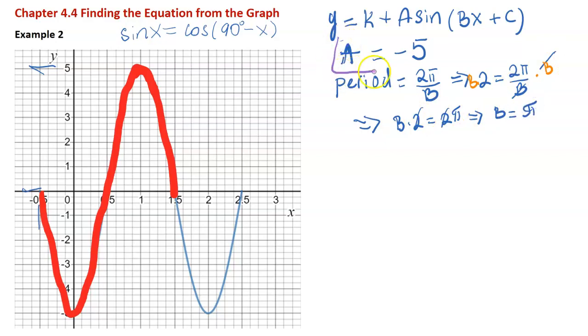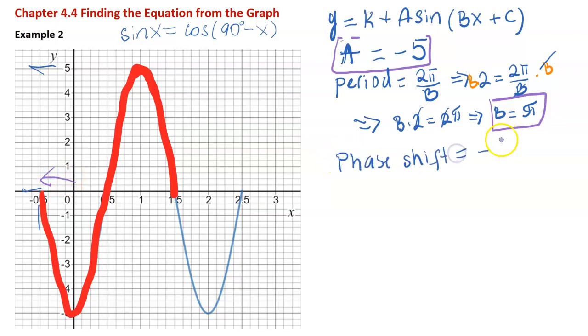So we have coefficient A, coefficient B. Let's find coefficient C and coefficient K. From the graph, we can see that the phase shift is -0.5. So we can use the equation phase shift equals -c over b to find coefficient C. -0.5 equals -c divided by pi.